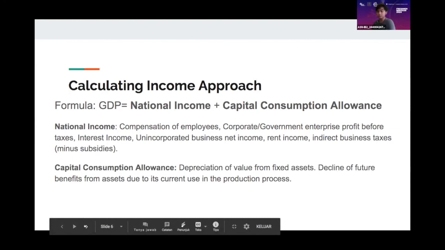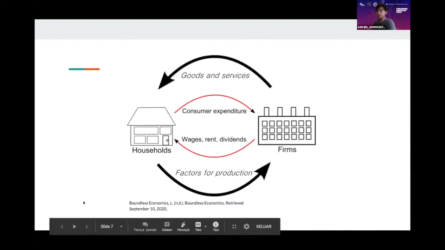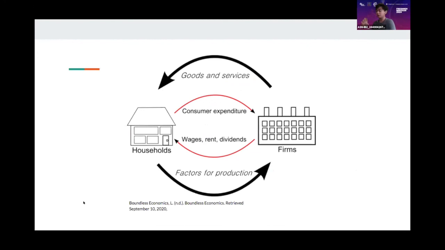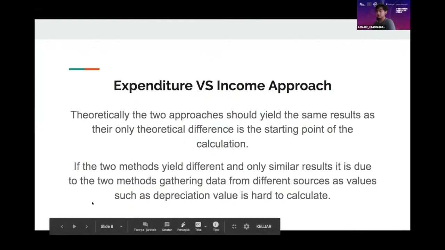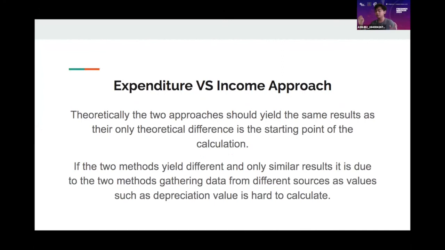Next slide. This is basically the cycle to show how the two are actually pretty similar. Because theoretically, the two approaches should yield the same result. The only difference between them is that they look at GDP from a different point of view.